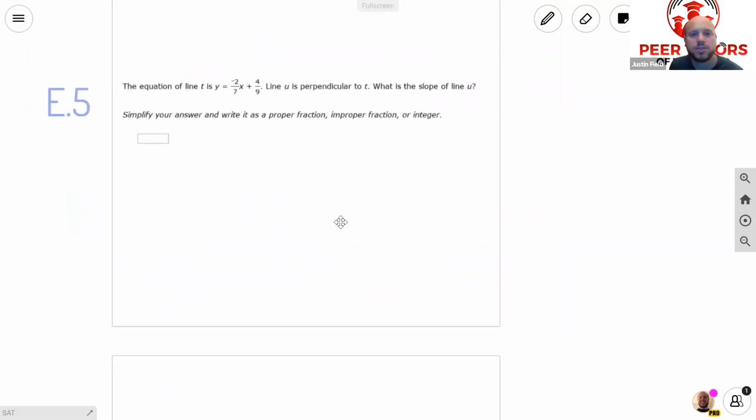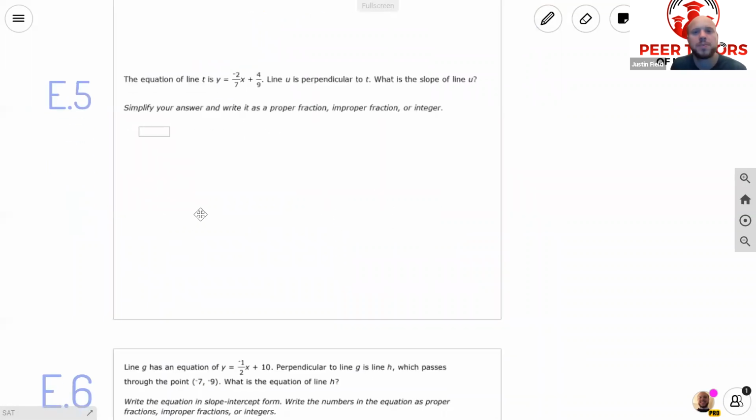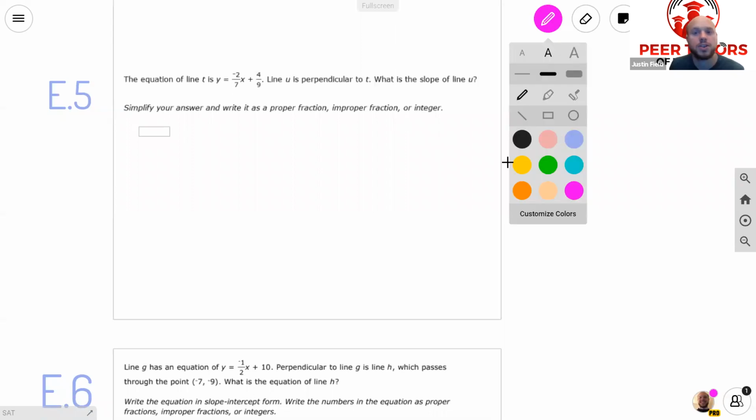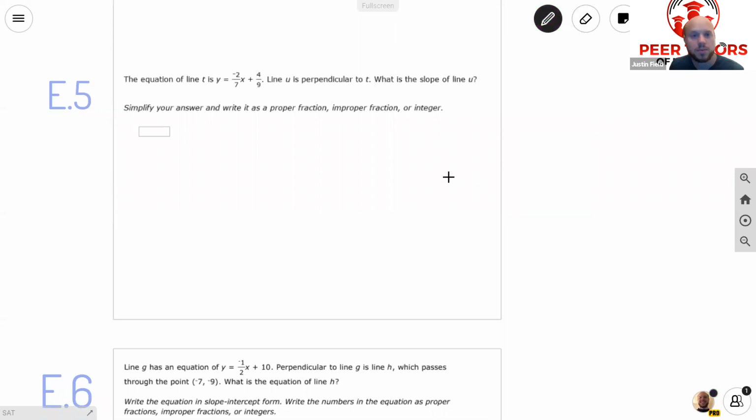Now let's switch gears a little bit. Talk about parallel and perpendicular linear equations. All right. The equation of line T is y equals -2/7 x plus 4/9. Line U is perpendicular to line T. What is the slope of line U? Oh, this is fun.